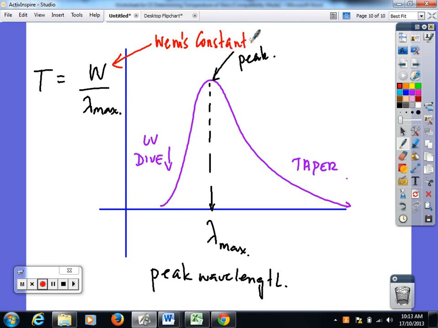If you have a look on that sheet there, Wien's constant is W equals 2.9 by 10 to the minus 3. Never remember, I have to look at that one. By the way, this formula is always given if you need to use it. It is not given on the formula sheet, but it is given to you if you need to use it. So we can work out the temperature of any body simply by using that formula.